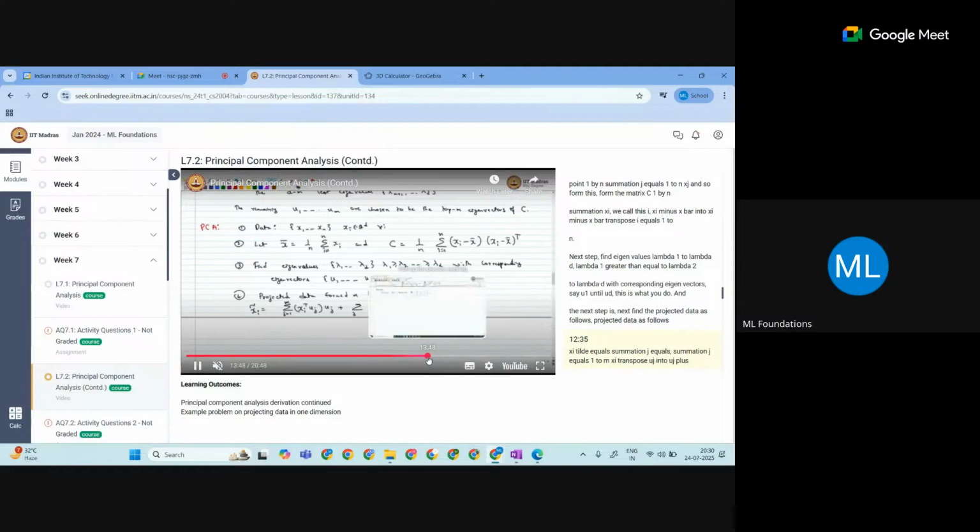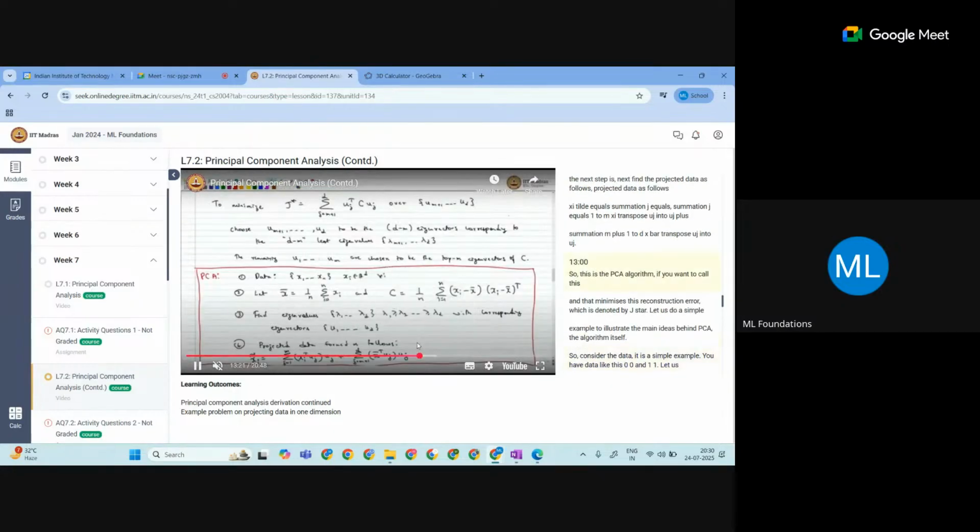So this is the formula, this is the total algorithm.